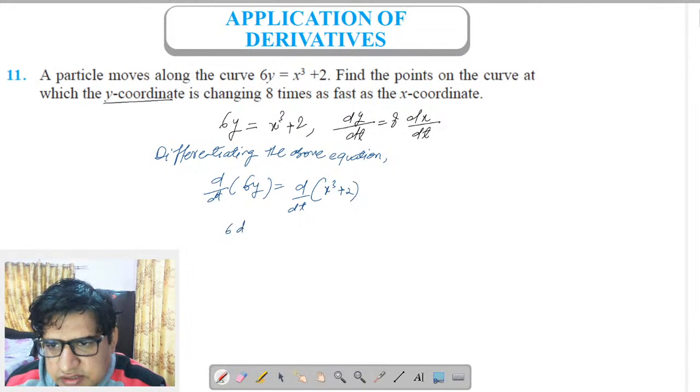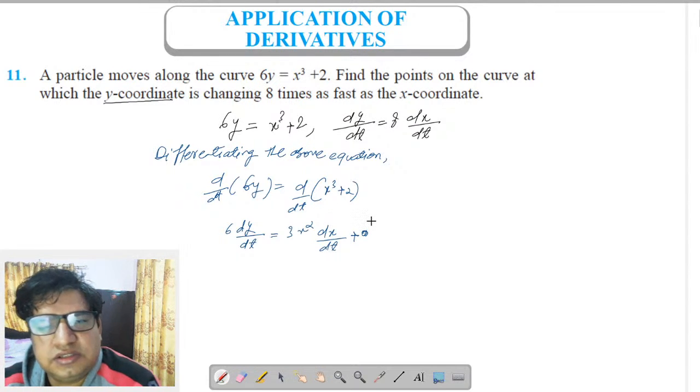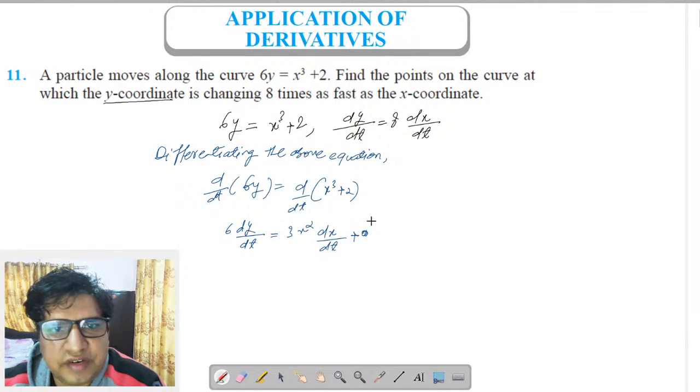So that will be 6 dy/dt = 3x^2 dx/dt + 0, because if you differentiate a constant with respect to anything, whatever the constant is, the derivative will be 0 only, because a constant will not change its value for any other variable.